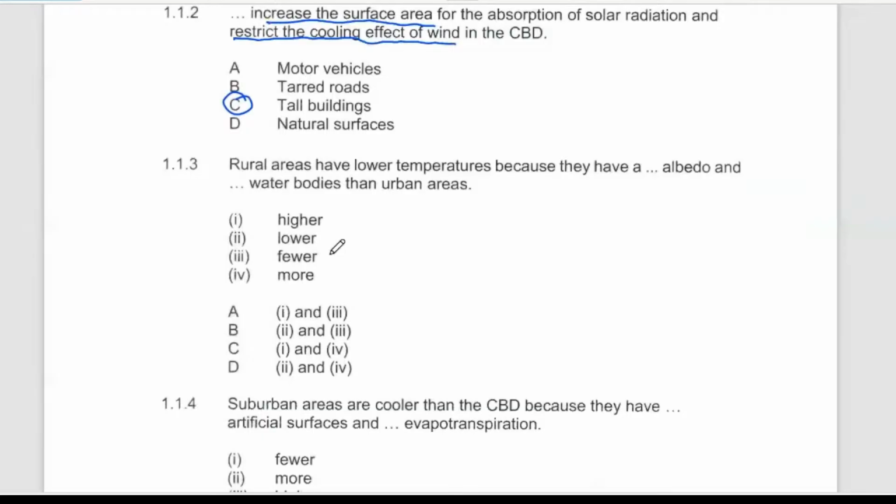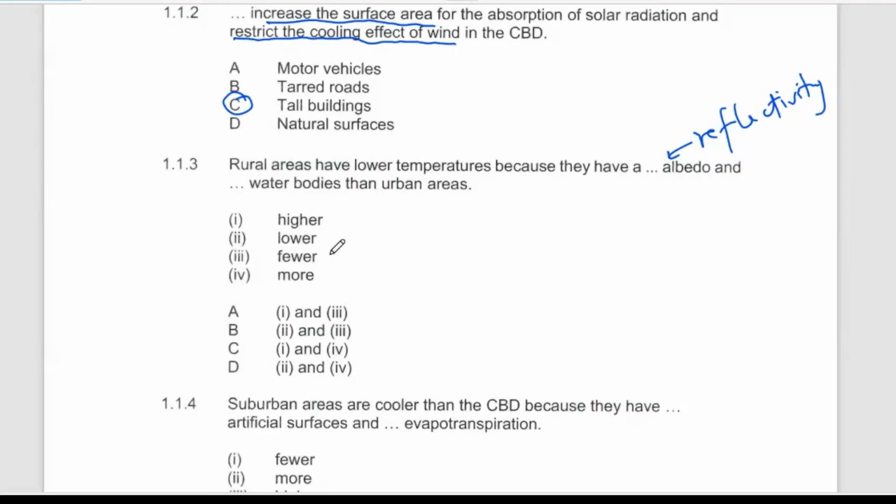Rural areas have lower temperatures because they have a dash and also a dash albedo and dash water bodies than urban areas. Right, what is it that we call albedo? We are looking at reflectivity. Albedo basically refers to the reflectivity effect. So rural areas have lower temperatures because they have what kind of albedo?